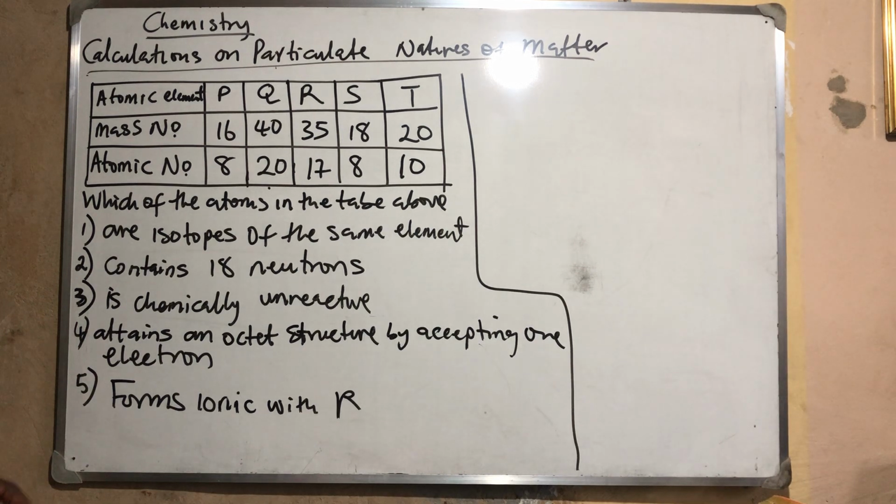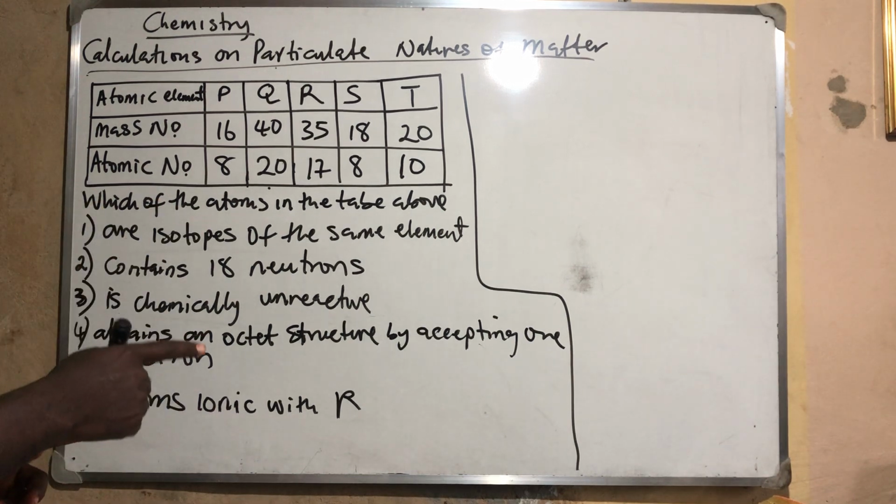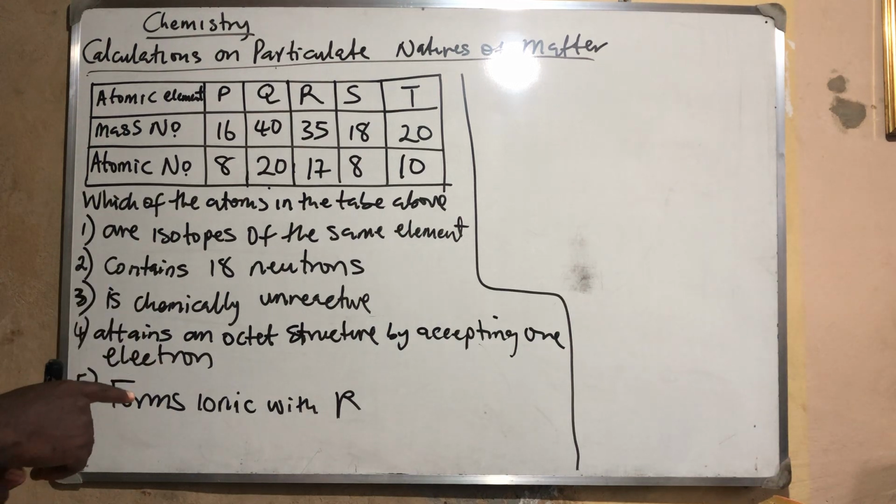Now, this question says, using the table, which of the atoms are isotopes of the same element? Don't forget what an isotope is. Isotopes are atoms that have the same atomic number, or the same electron number, or the same proton number, but different neutron number, or rather different mass number, and that mass number difference is due to different neutron number.